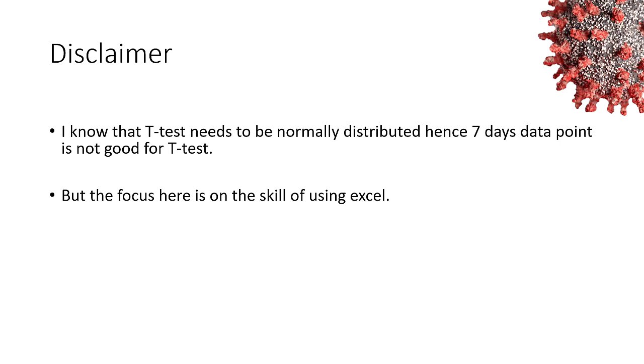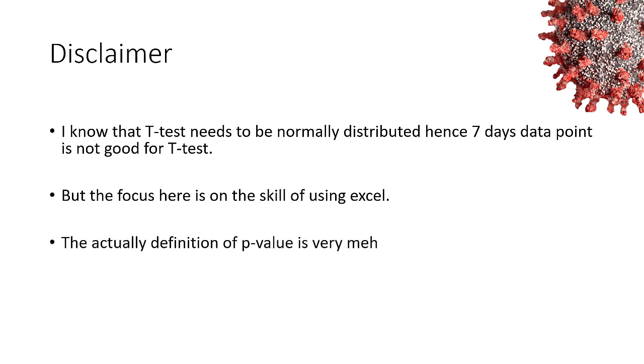I'm choosing the t-test because it's a very basic statistical test, it's very easy to learn how to do in Excel, and you can use it for a lot of biological study. So the main point is to learn how to use Excel to perform t-tests. When you encounter data that is more suitable for t-tests, you will be able to use it.